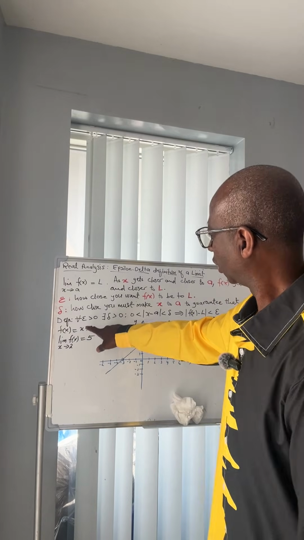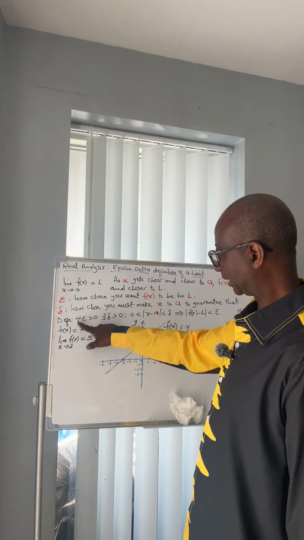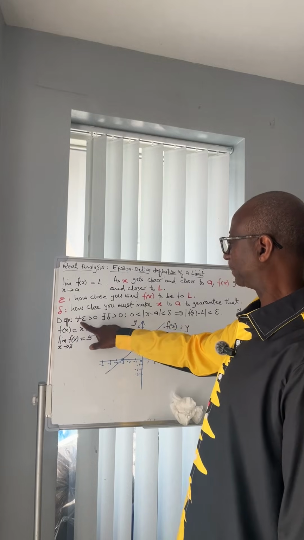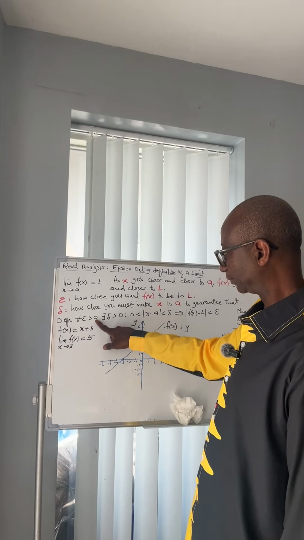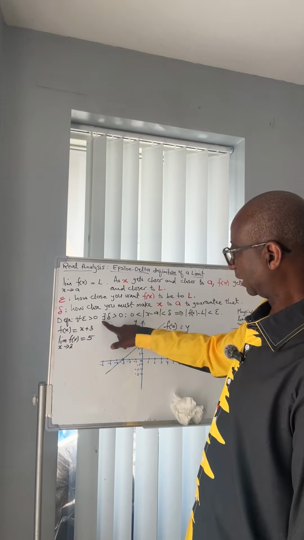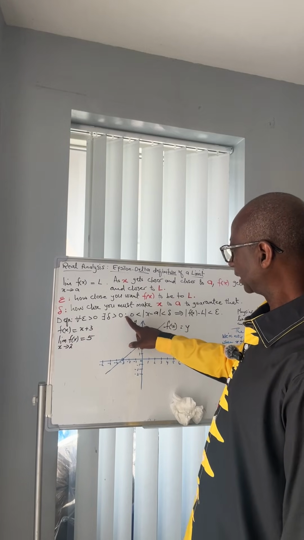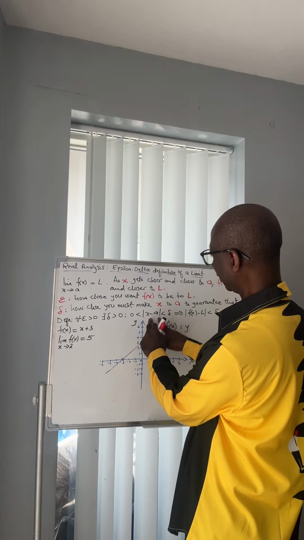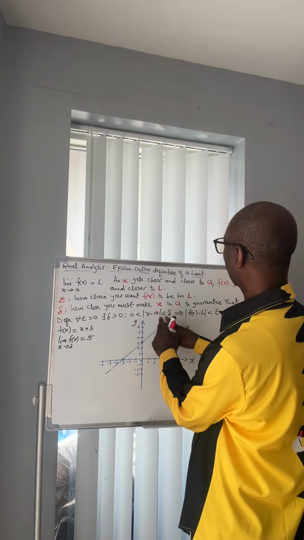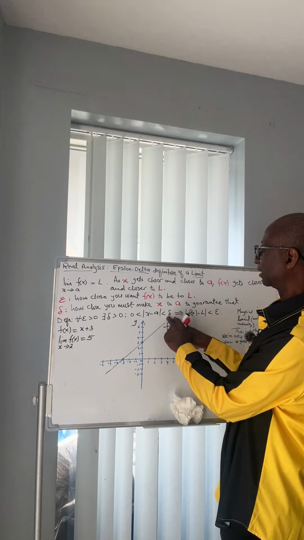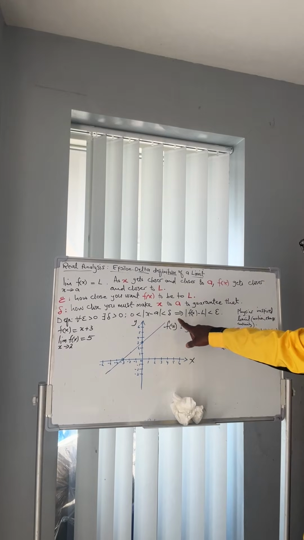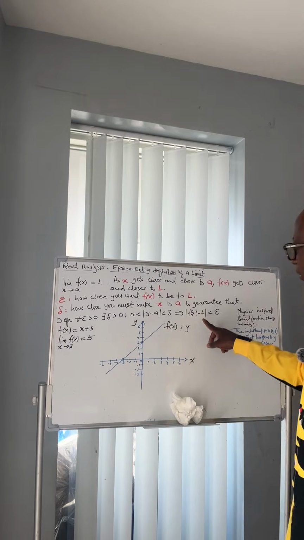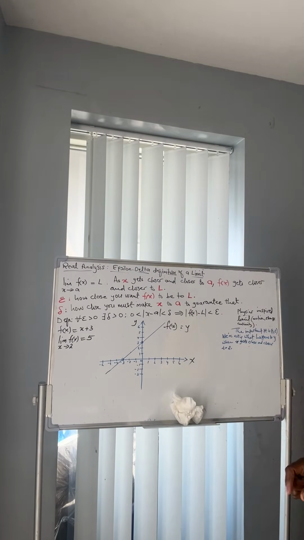This is for all epsilon. This is a symbol in mathematics. It reads: for all epsilon greater than 0, there exists a delta greater than 0 such that the absolute value of x minus a is greater than 0 and less than delta, and that implies the absolute value of the function f of x minus the limit is less than epsilon.